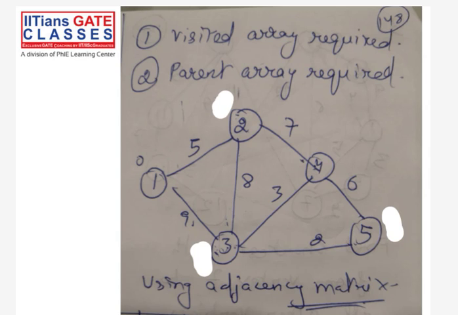Anyone else who completed this? Please make sure to maintain the parent array, because they can give you this question: what is the path from the source to a particular vertex in the single source shortest path problem, if you solve it by Dijkstra's algorithm? Anyone who needs more time, or can I discuss this problem?